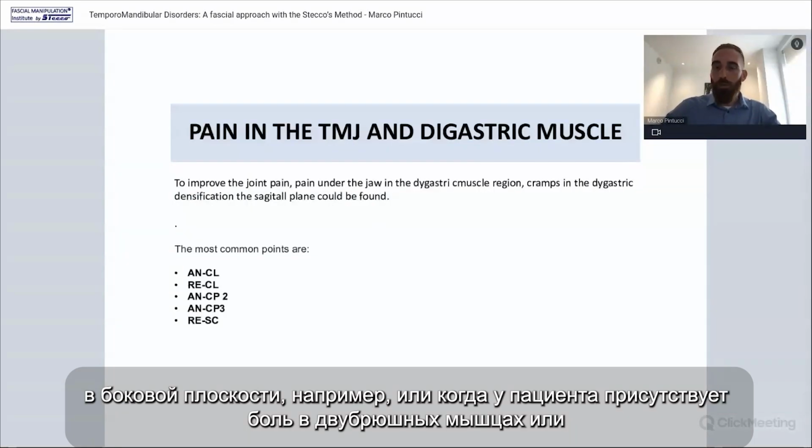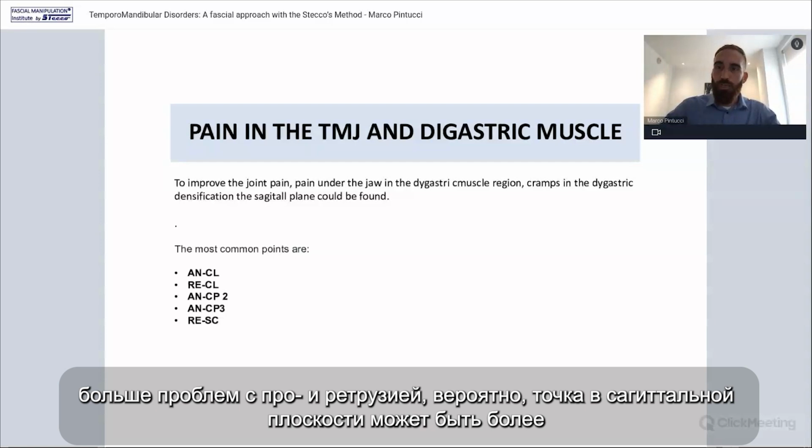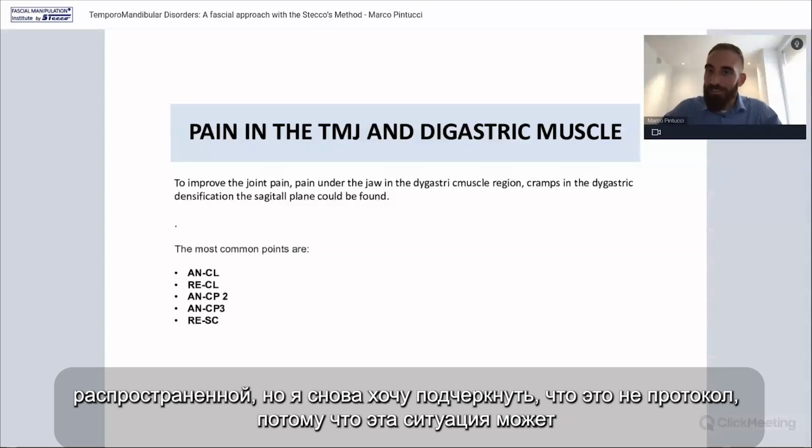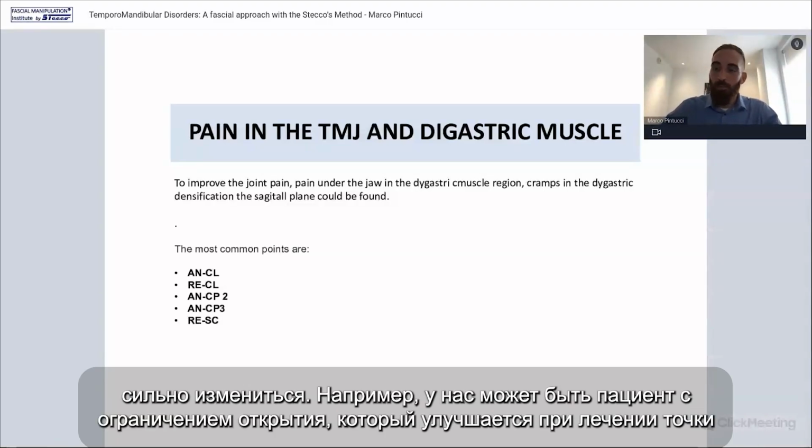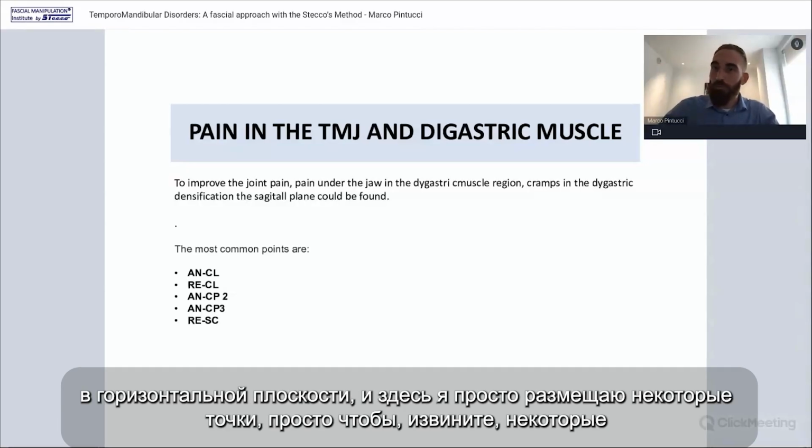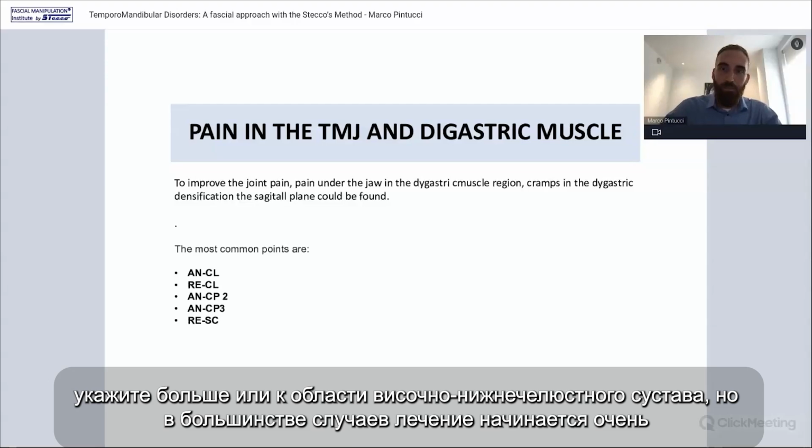Or when the patient presents pain in the gastric muscles, or more problems of protrusion and retrusion, probably the point in the sagittal plane could be more common. But again, I want to stress that this is not a protocol, because the situation can change a lot. For example, we can have patients with limitation of opening that improve with the treatment of the point of the horizontal plane.